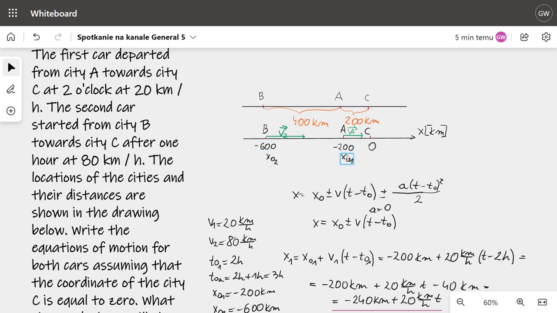Coordinate of city A is equal initial coordinate of position of first car, x01. It's here. And coordinate of city B is equal to initial coordinate of position of second car, x02. It's here.